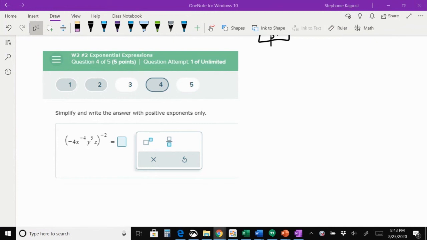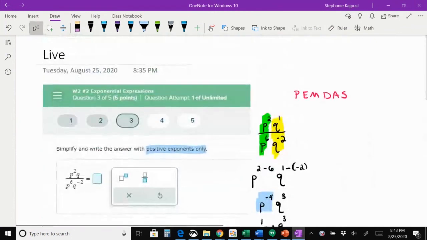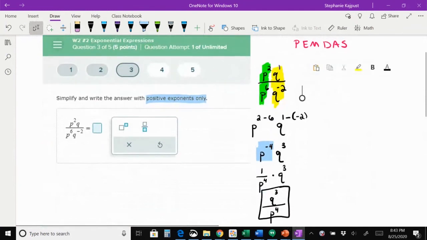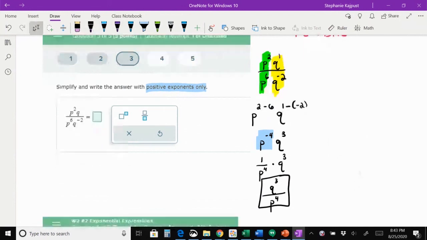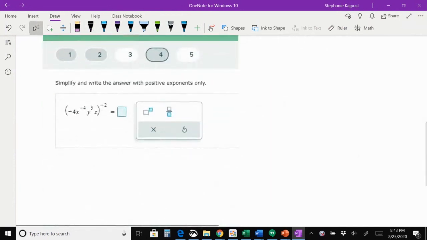So if my outside has a negative exponent, or if there's anything here in parentheses with another exponent, the first thing that I do is always distribute that exponent through. If we go back to the order of operations, this would be where you'd be multiplying exponents. Or we're doing the exponent part, and the rule is that you multiply them.